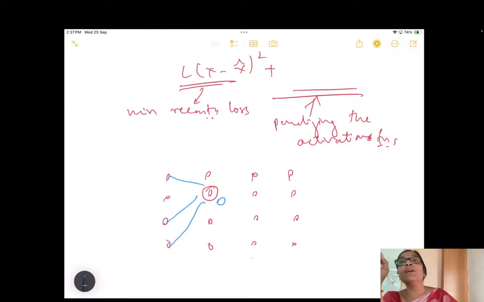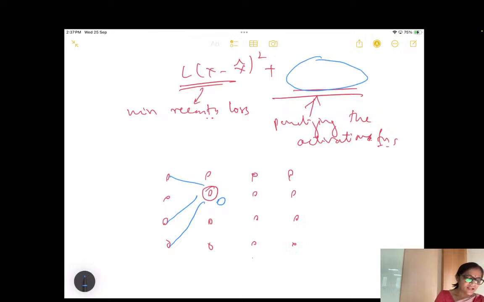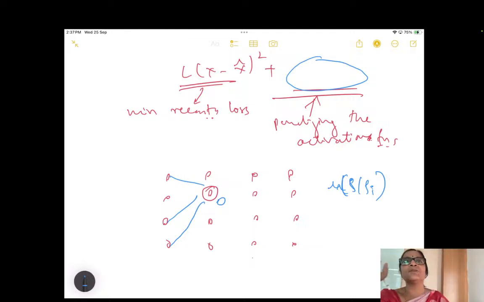You are making a distribution, some distribution mu, rho I. So rho I is some initial distribution I am assuming, and rho is what I want to learn from this.